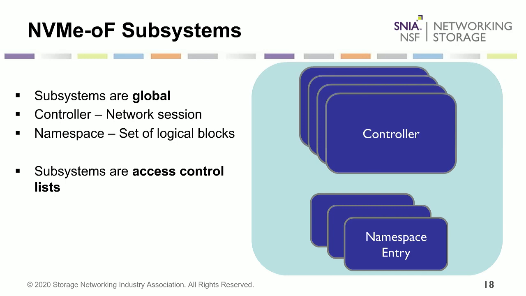So subsystems in NVMe-over-Fabrics are effectively access control lists. They are not physical things. They're just mapping which clients are connected to which backing storage devices. And they may enforce rules on who can connect where. And so the subsystem structure is globally visible in SPDK, and by that I mean any thread in SPDK can read data out of the subsystem.